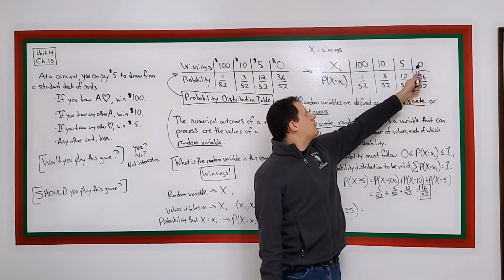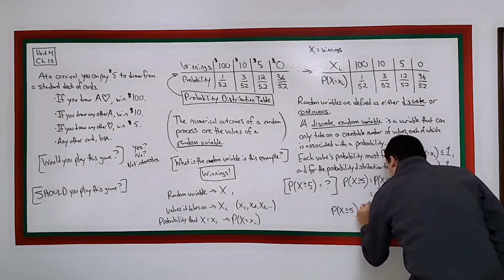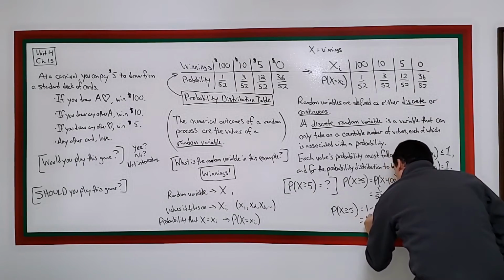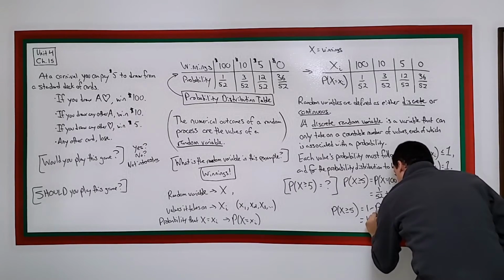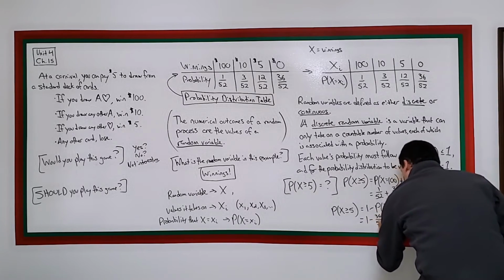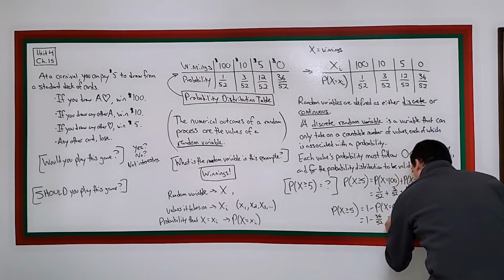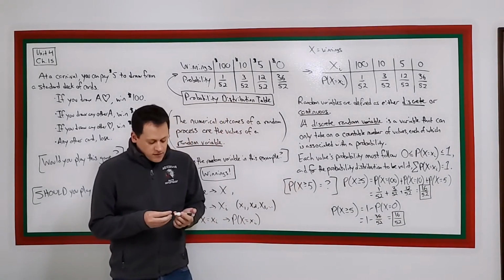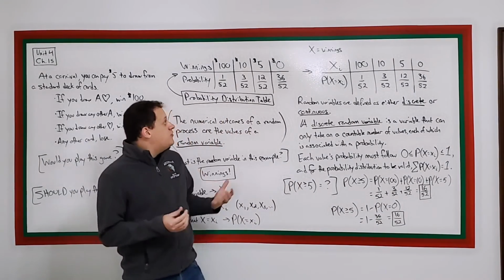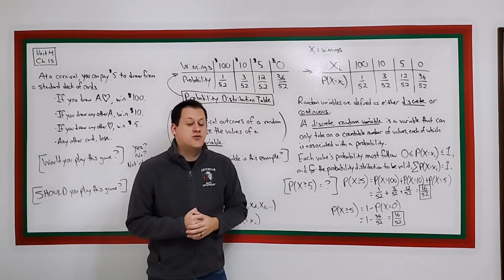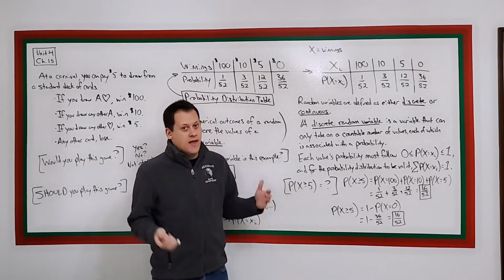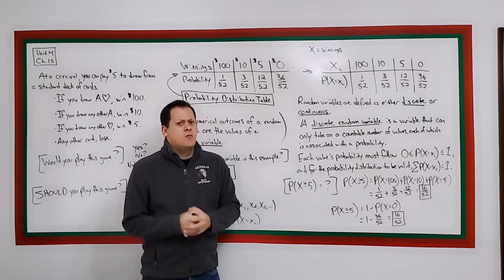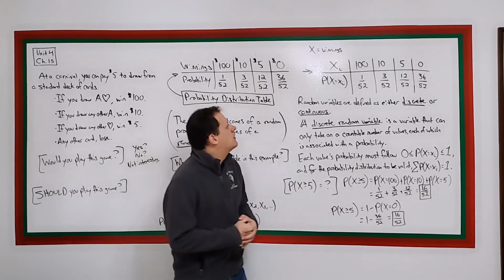So that's 1 minus the probability that x is 0. So either way we get 16 over 52, and if you have the probability distribution table, calculating any kind of probability should be fairly straightforward. Probably easier than when you have 2 variables at the same time.